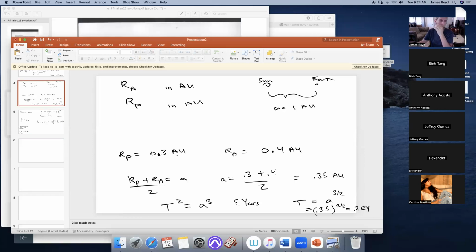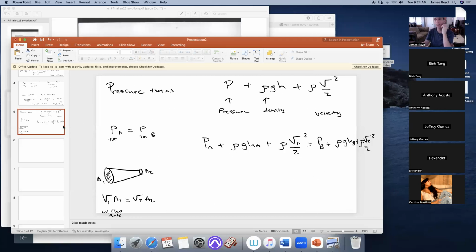And you know this if you've ever put your thumb over a hose and closed a little bit of it off and it sprays much faster. That's because you're blocking off some of the area, so the mass has to flow faster because the same amount has to leave that's coming in. And if it has a smaller opening, then more of it has to go through at the same time.